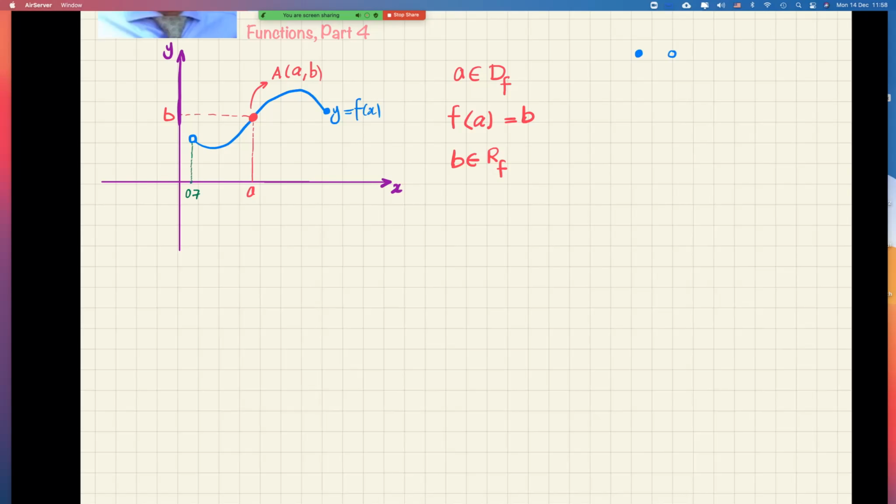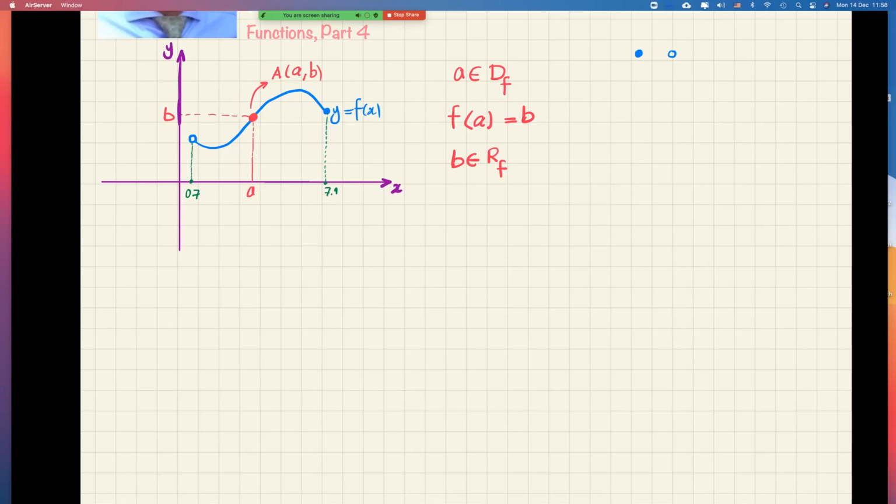And then I will go here and count 1, 2, 3, 4, 5, 6, 7. So assume that this point is 7.1. Now, if I ask you what is the domain of this function, this is possible to answer.